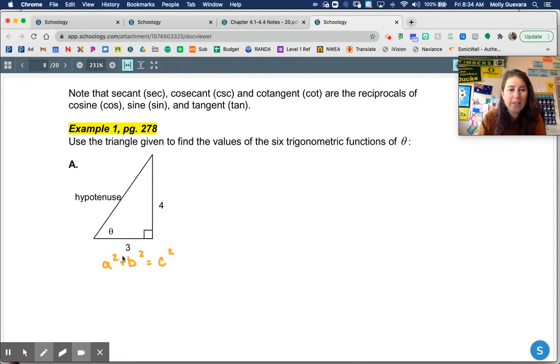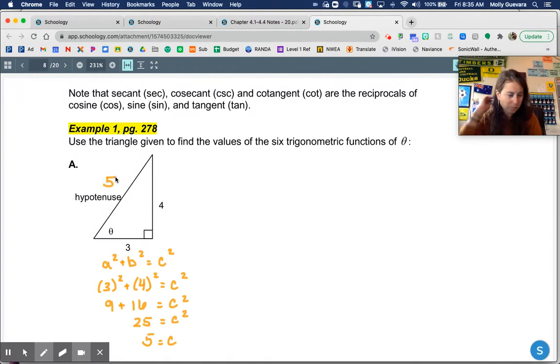Okay, so again, the legs, it doesn't matter which one's which. So I'm going to call this one 3 squared plus 4 squared equals c squared. So I have 9 plus 16 equals c squared. So 25 equals c squared. So 5 equals c. So that tells me that my hypotenuse is 5.